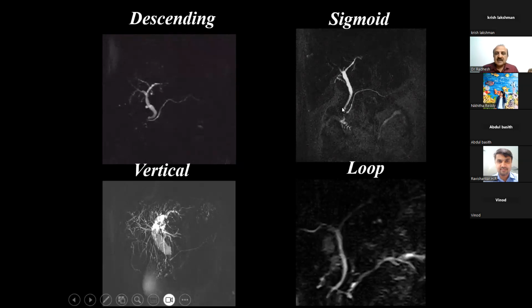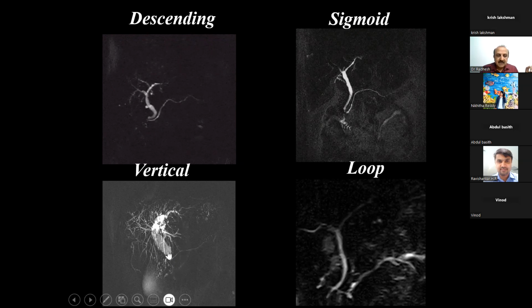The second one is the sigmoid course of pancreatic duct. It is like an S shape. It curves like an S. That is why you call it the sigmoid pancreatic duct. Third one is vertical. You see this pancreatic duct here within the body, and then it comes down straight parallel to the CBD.